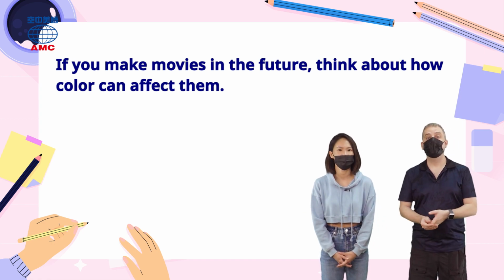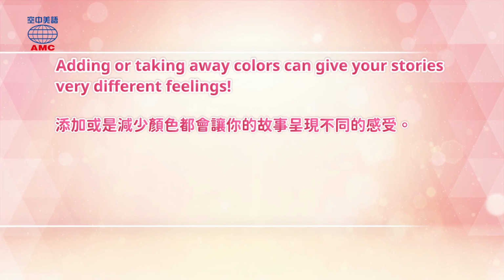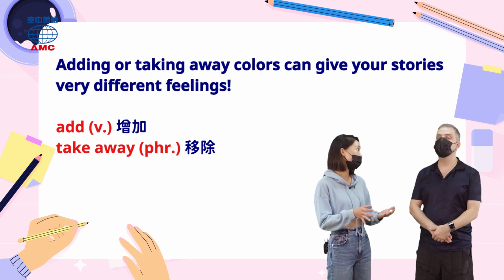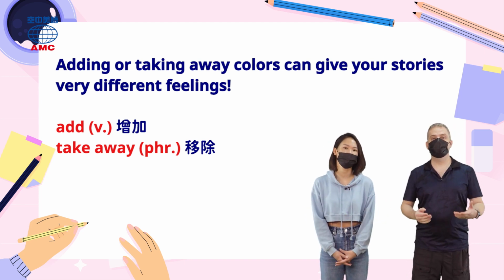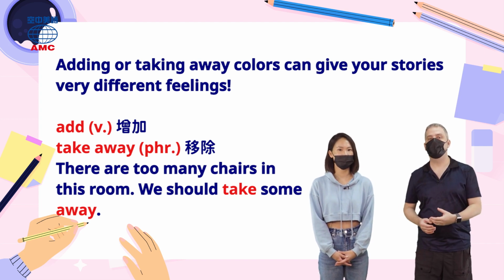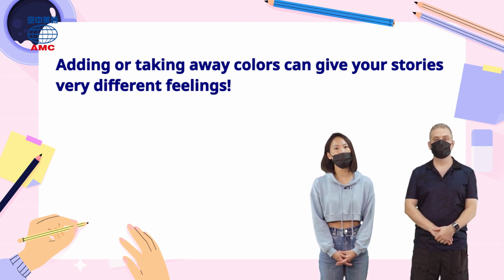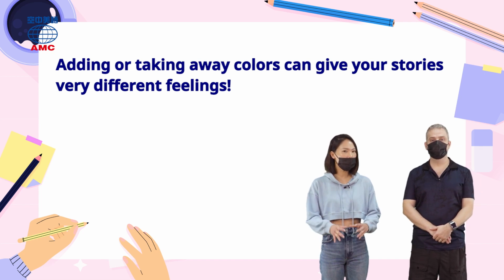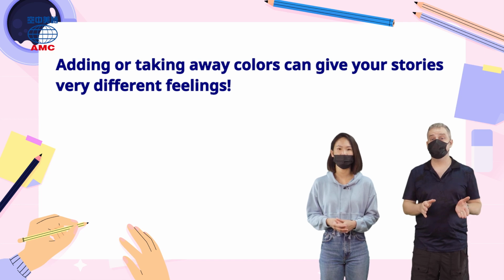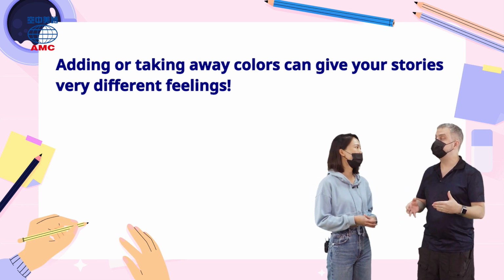The article says adding or taking away colours can give your stories very different feelings. Add 是增加，那 take away 刚好相反，就是移除。Yeah, we could say there are too many chairs in this room. We should take some away. OK，那课文这边说到啊，增加或删减颜色都可以让你的故事富有不同的感觉。Exactly. And this isn't just true for movies. It does work in writing as well.